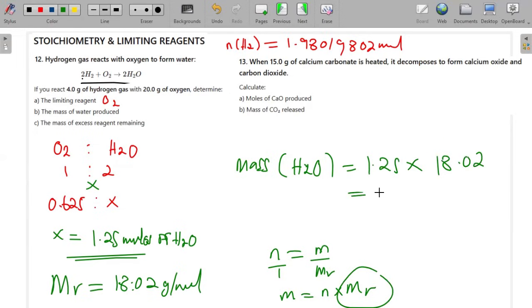So this will just be equals to 1.25 multiplied by 18.02. Okay, so the mass I find for the water is 22.525 grams. So that is the mass of the water. Okay, so any questions there, guys?